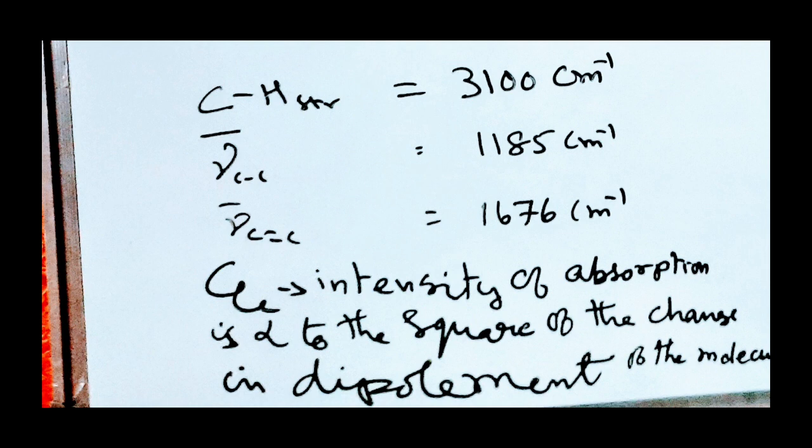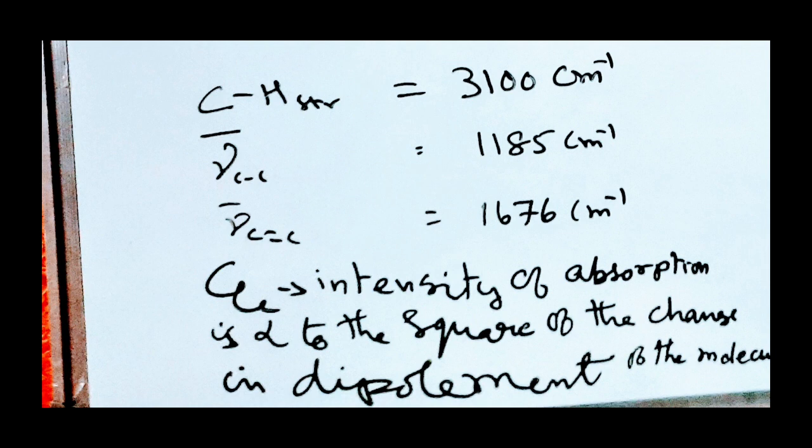How about the intensity of absorption in IR spectroscopy? See, already we told you those vibrational modes which are producing a change in dipole moment will absorb electromagnetic radiation. So, the intensity of absorption will be very strong for such vibrational modes. And the intensity is proportional to the square of the change in dipole moment of the molecule, that is, to what extent the dipole moment changes due to the stretching or bending vibrations.